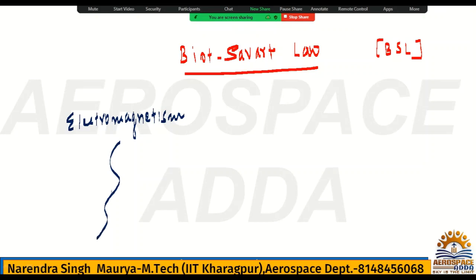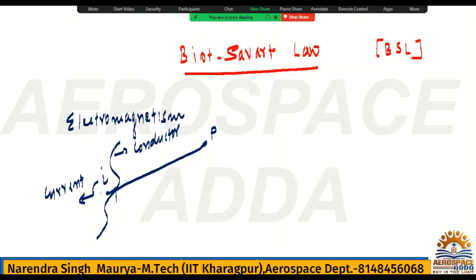This was the current carrying conductor, and the current passing through this conductor was I. Okay, I is the current, and this is the conductor here. At some point P, which is at distance r, position vector r.